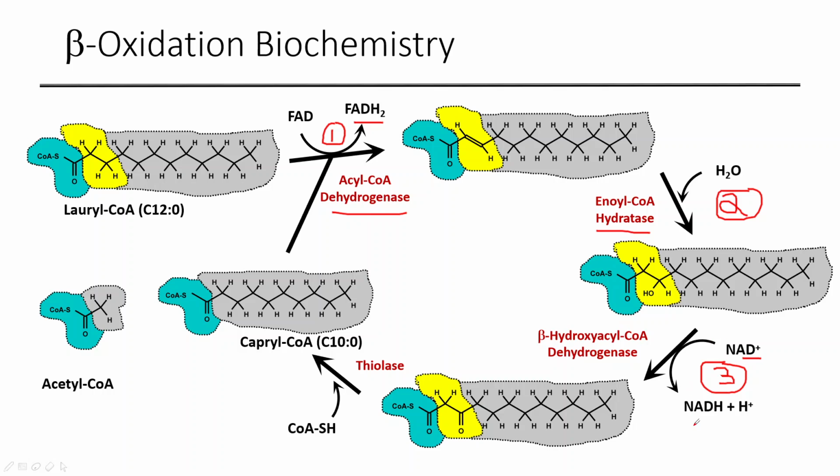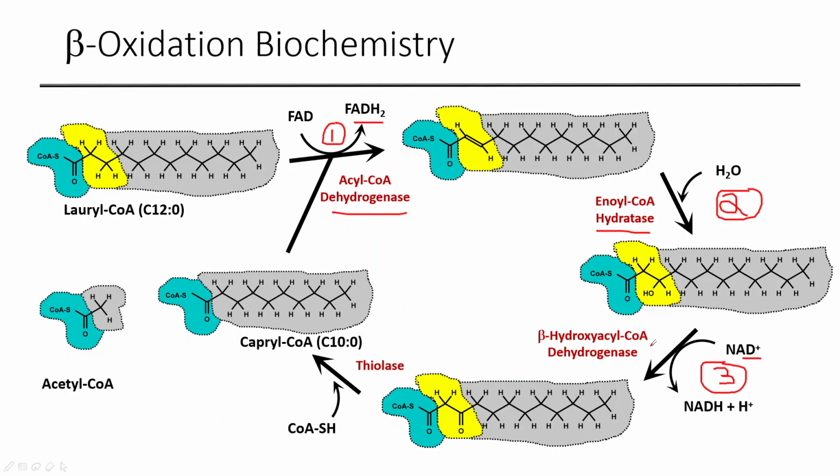This reduction of NADH is coupled to the oxidation of the substrate fatty acyl-CoA to generate this keto-acyl coenzyme A, which, as you see now, our beta carbon forms this carbonyl group.